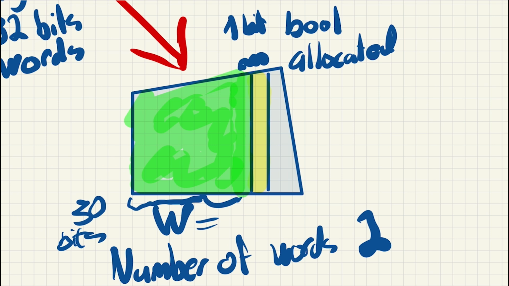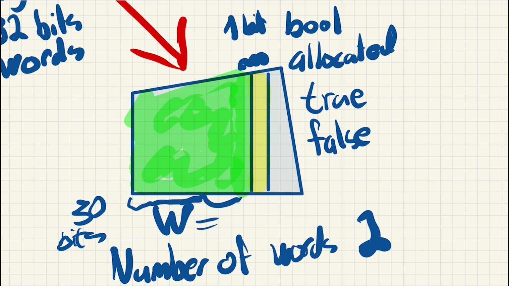This basically means that the words that follow this header are either allocated if it's true, or not allocated if it's false. When we do an allocation, this becomes true, and when we free that memory, this becomes false.